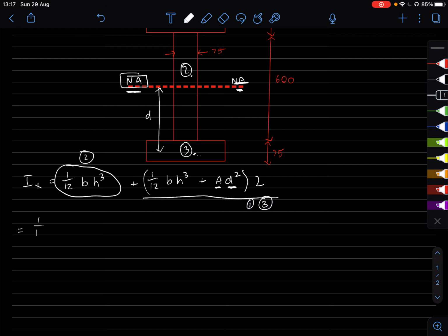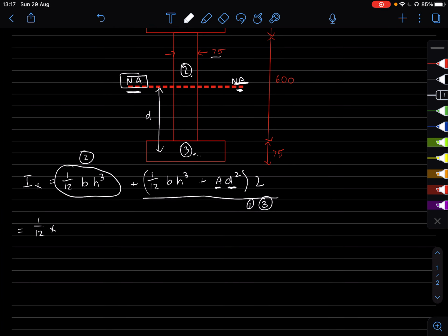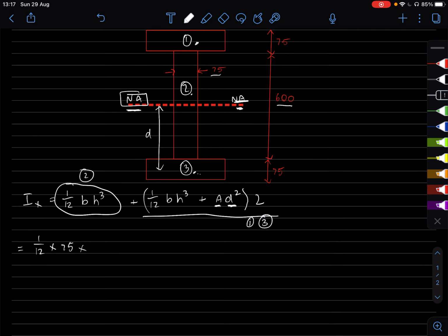1 over 12 times the base of rectangle 2, which is 75, times the height of rectangle 2, which is 600 cubed. Okay, and let's do the parallel axis theorem component.